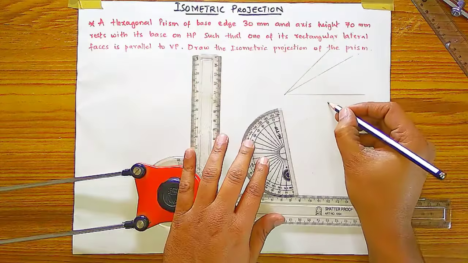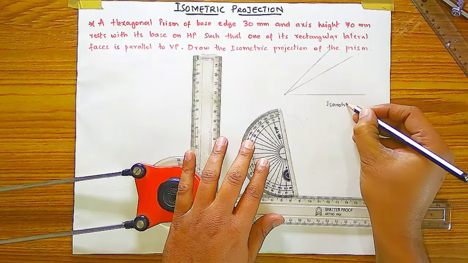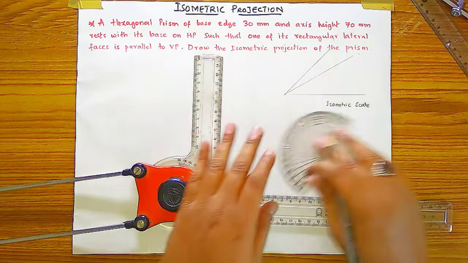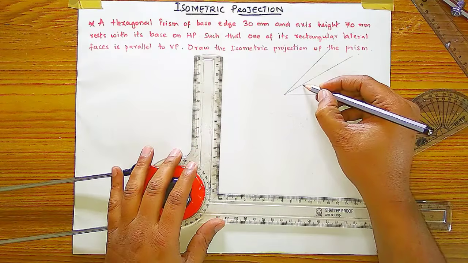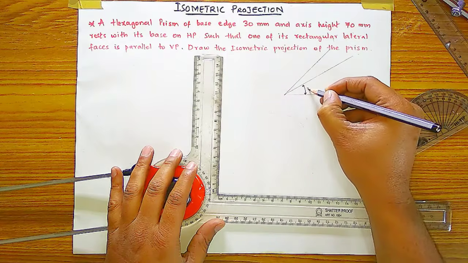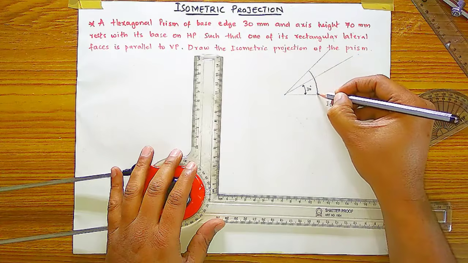This is the isometric scale. This angle is 30 degree and this angle is 45 degree.